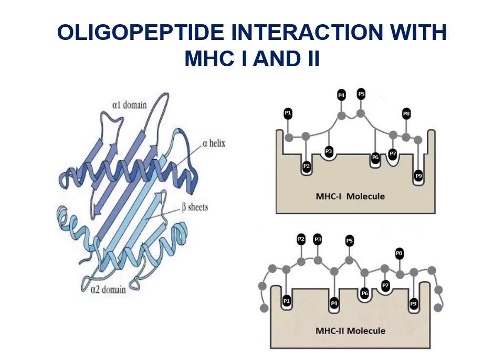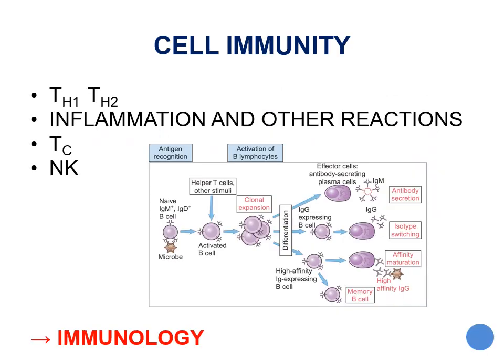In the oligopeptide interaction with MHC 1 and 2, major histocompatibility complex 1 is presenting smaller parts, enclosed in the MHC presenting part, but MHC 2 is presenting bigger parts, and they are slightly more reactive.